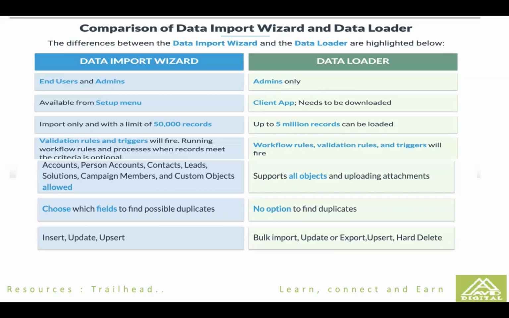Update a record means you are importing a record now, and data import wizard will know there is a possibility of duplication. It won't duplicate it, it will just update the existing record. And at the same time, if there is a new record you are importing for the first time, it will insert it for you. That's what they mean by upsert. Bulk import, update, export, upsert, add, delete.